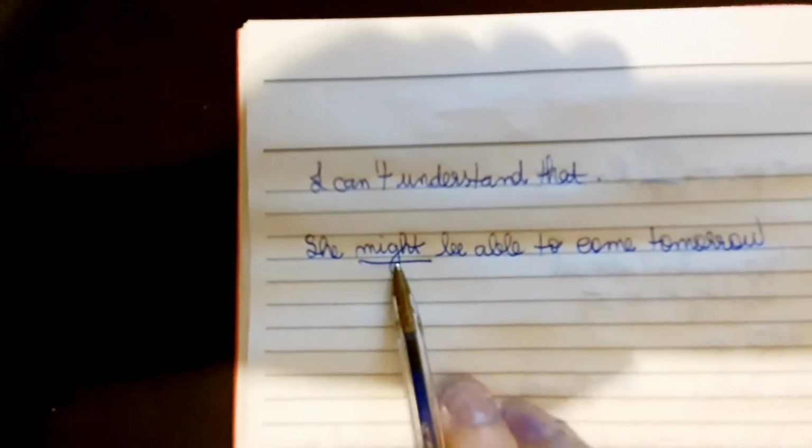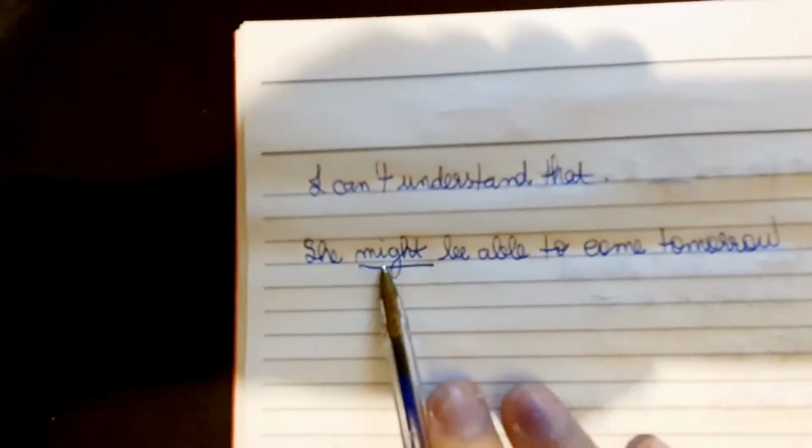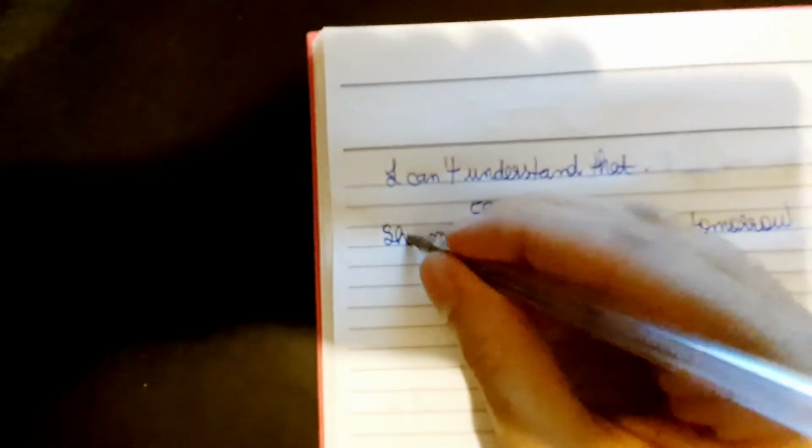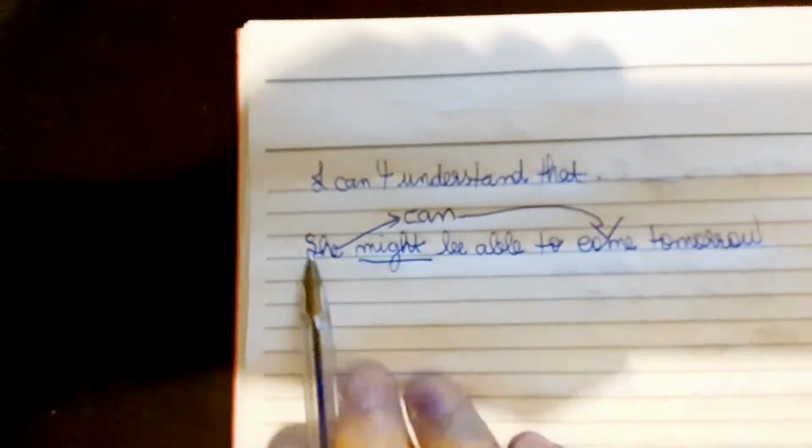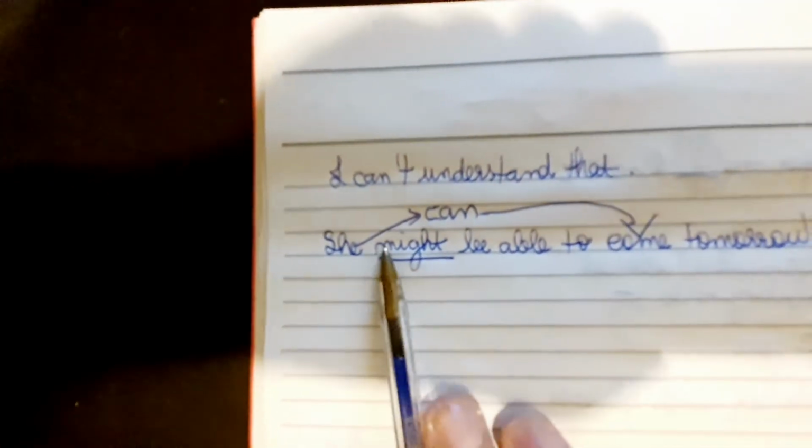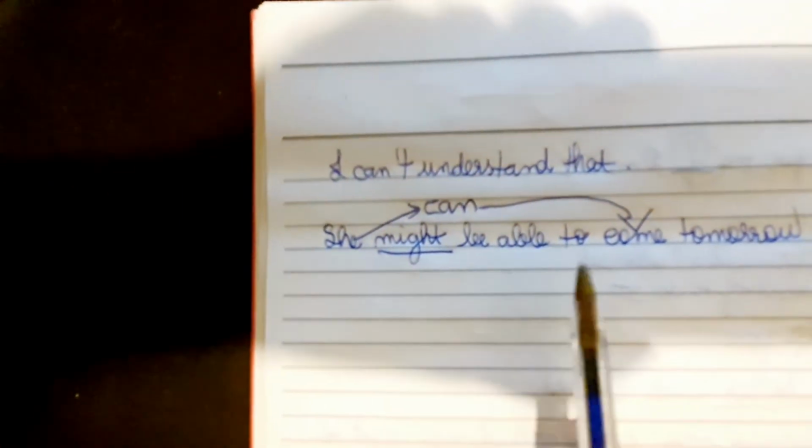With the verb can, it's not possible to express this idea. You can only say she can come tomorrow. It's not possible to express this idea exactly because might, may, they express possibilities, right? And it's not the purpose here.